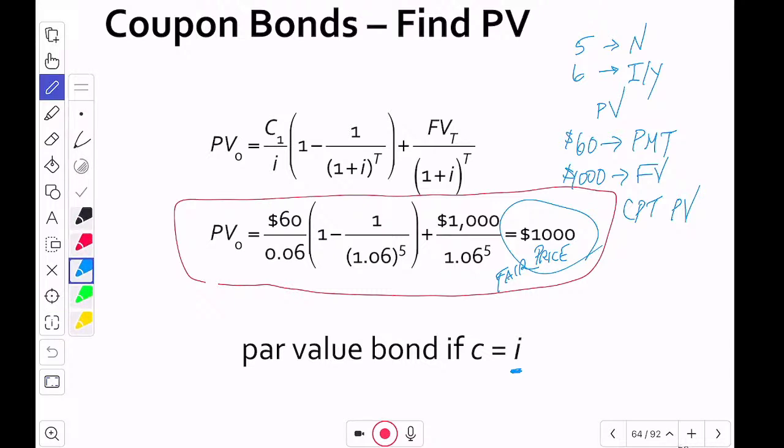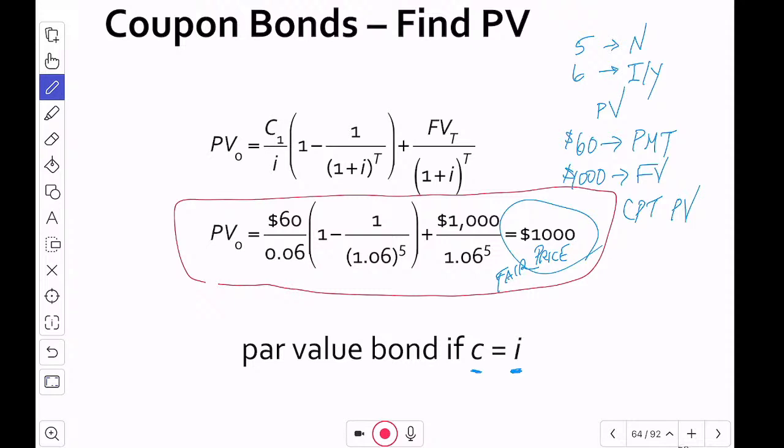So when these are the same, we have a special name for this situation. It's a very basic case. This is called a par value bond. So when you see those two numbers the same, you know that the price is just $1,000. What if it's different?